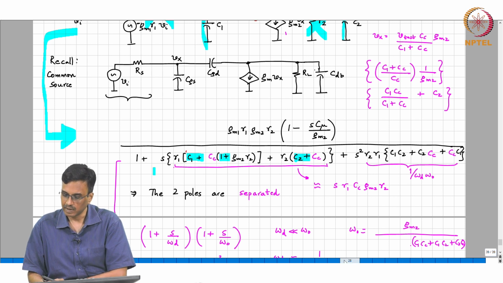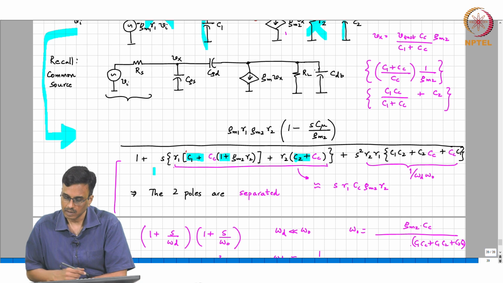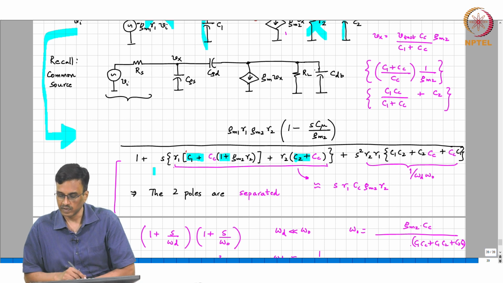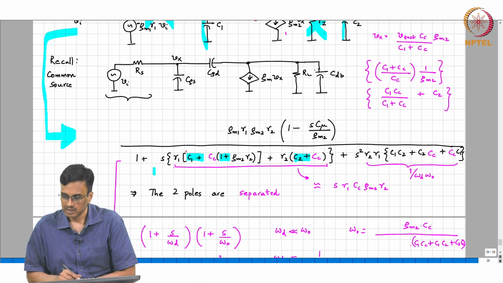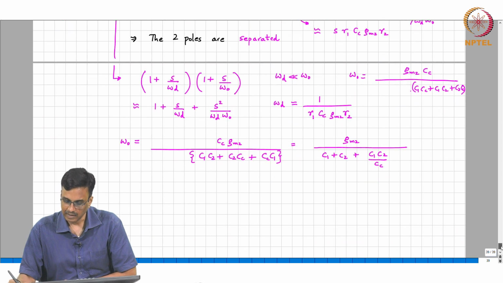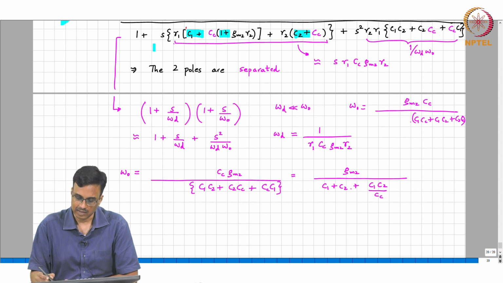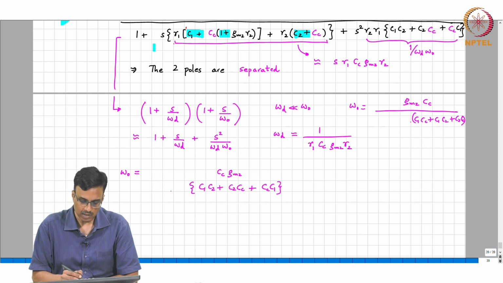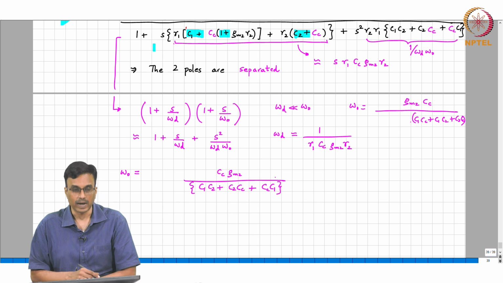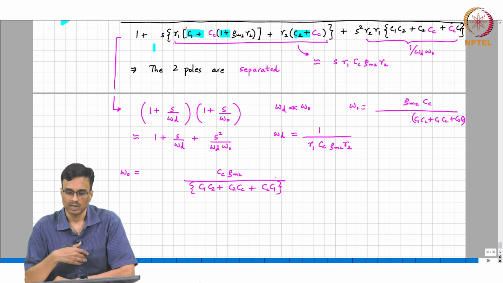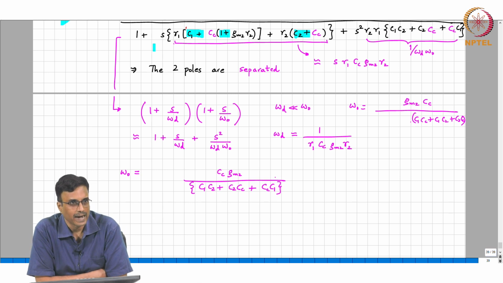So, basically this Cc comes here. So, it is Gm2 Cc by C1 Cc, C1 C2, C2 Cc, and that is basically the expression you get after running through the algebra. This is what you get.